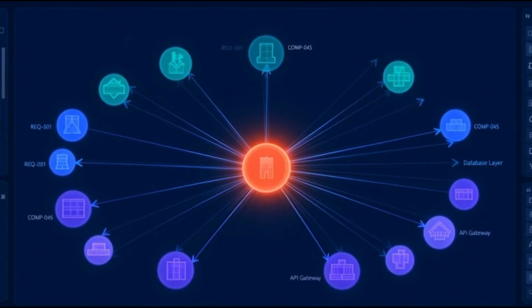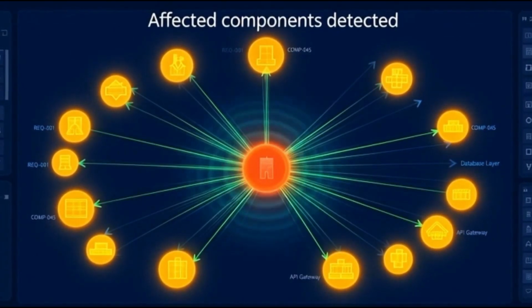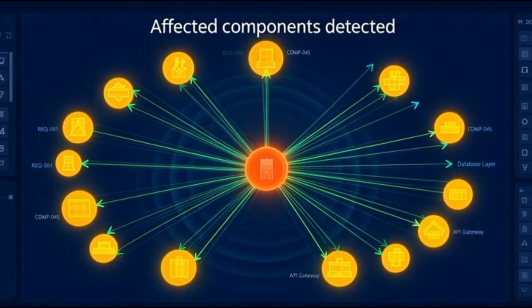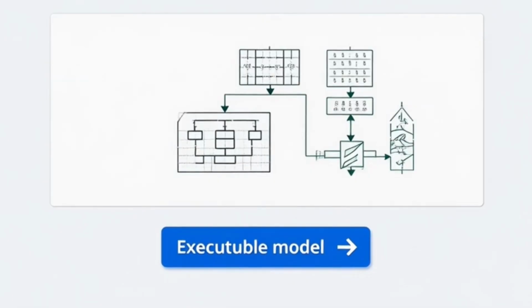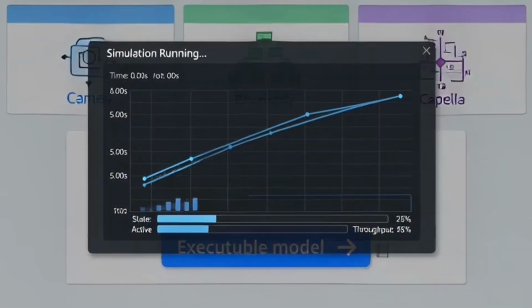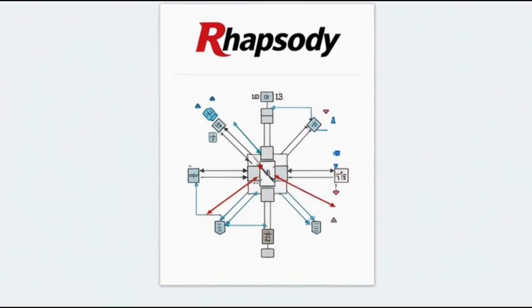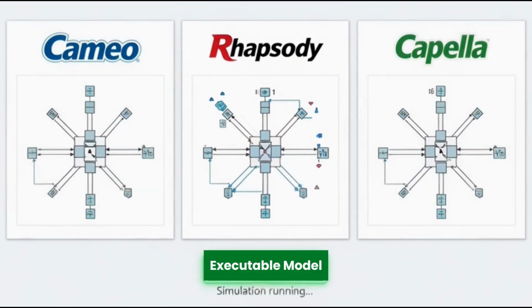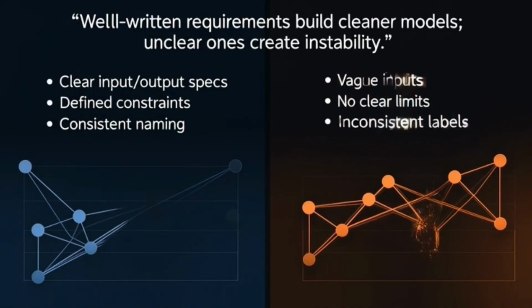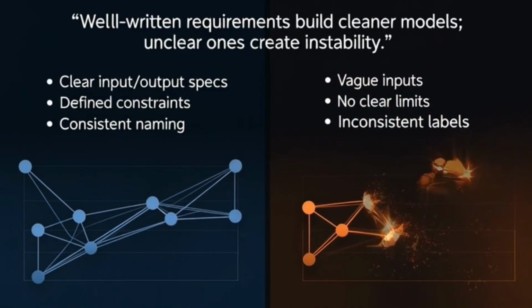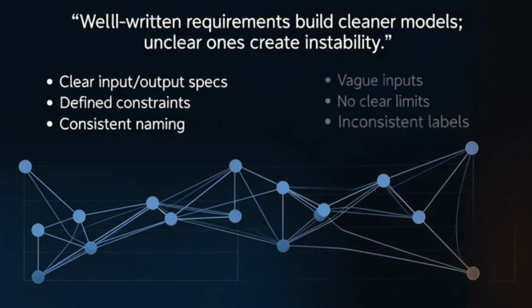This built-in traceability lets you instantly see which behaviors satisfy which requirements, and the impact of a requirement change on the architecture. Tools like Cameo, Rhapsody, or Capella make this visual and executable. Well-written textual requirements feed cleaner models, and strong models help you spot gaps in the requirements themselves.